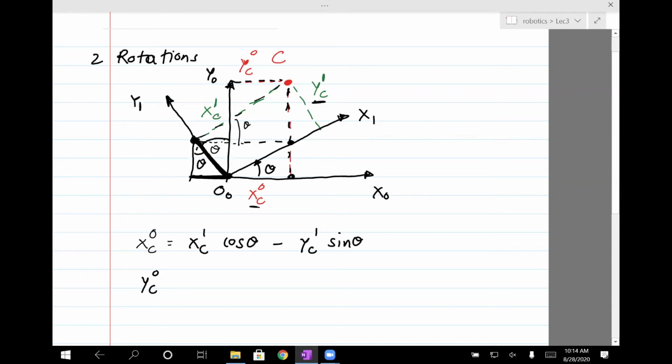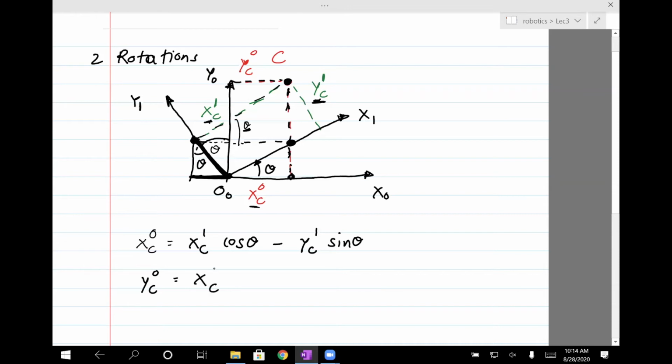To find it, I need to project xc1 along the vertical, so that will be xc1 sine of theta. This is theta. That effectively gives me not the full distance, but only the distance from this point all the way to the projection on x1. I need to find the other one, which is the distance from x1 all the way to x0, and that can be given by projecting yc1 along the vertical.